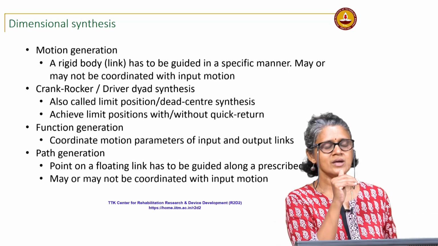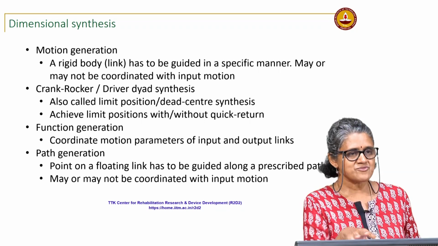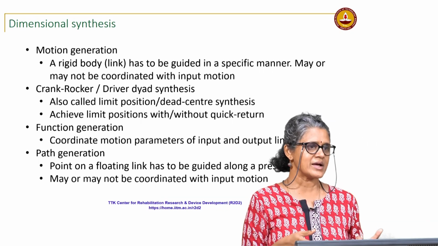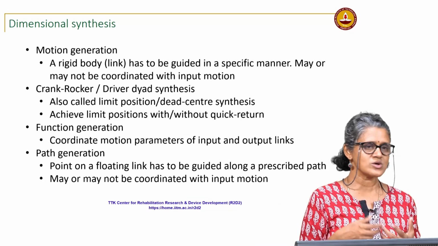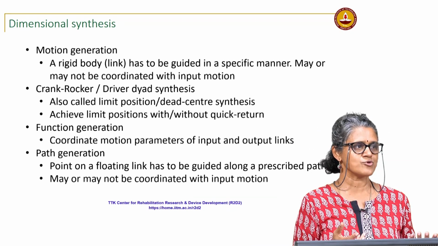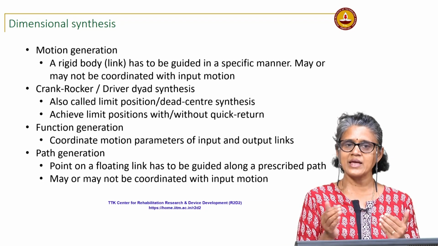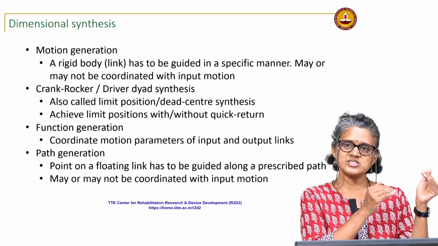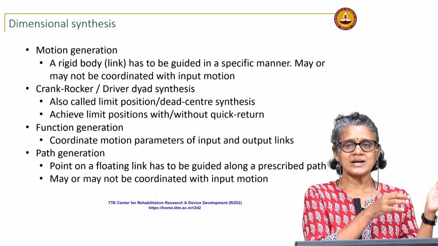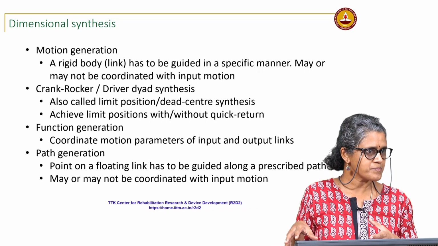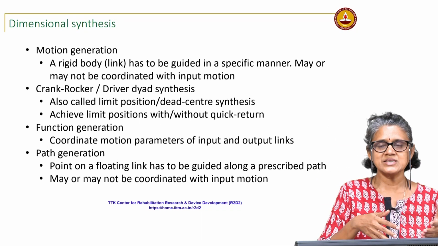The classification is only based on the problem that you are trying to solve. In most cases we are designing a 4 bar and the 4 bar behaves the way it does. We are trying to narrow down which characteristic of the 4 bar we want for our particular problem. So, that is the classification.